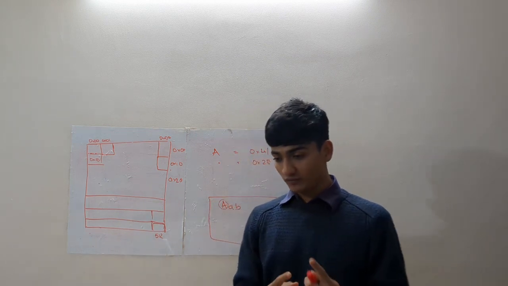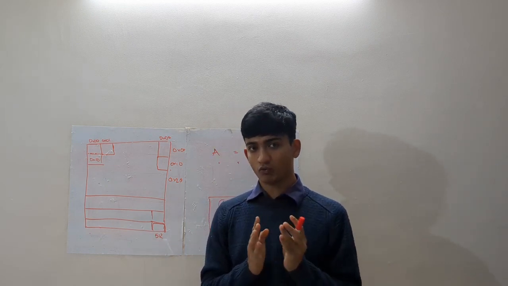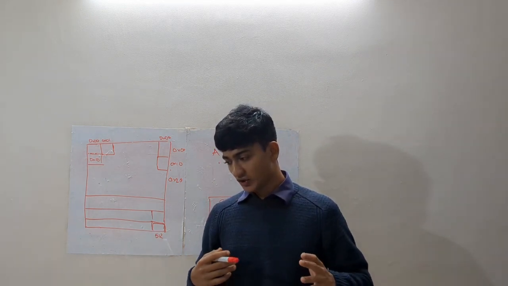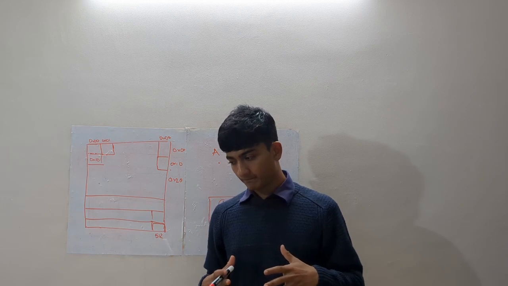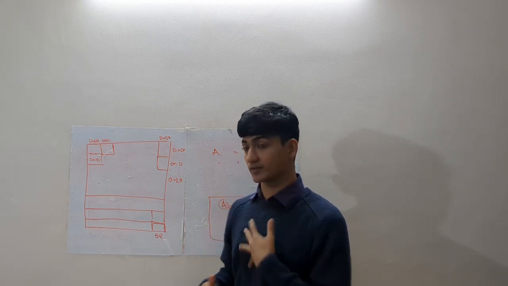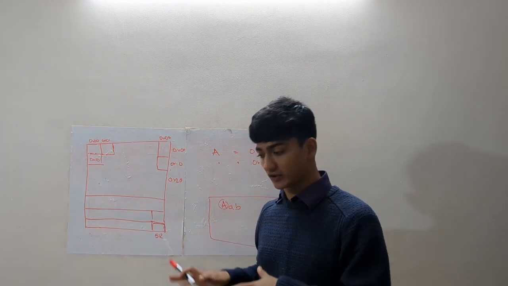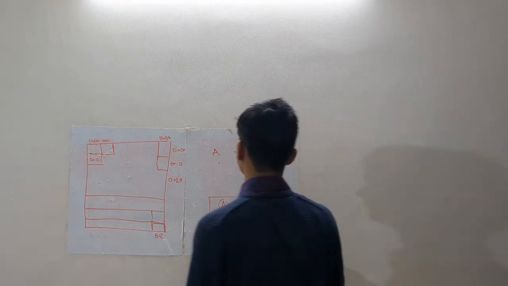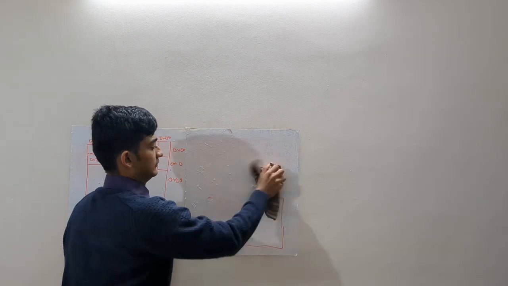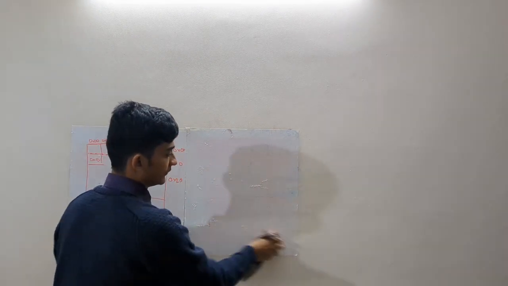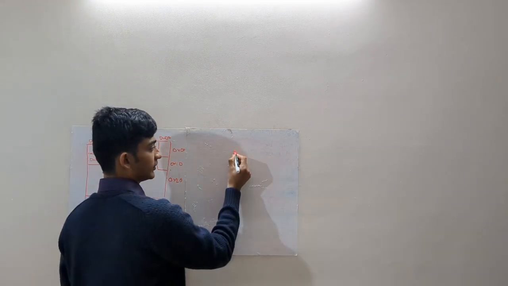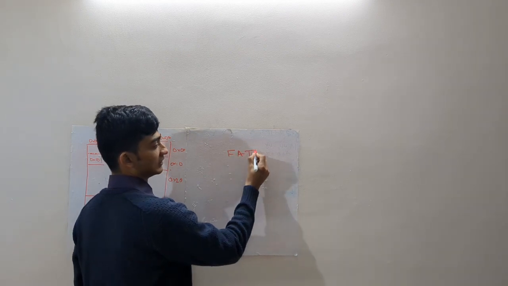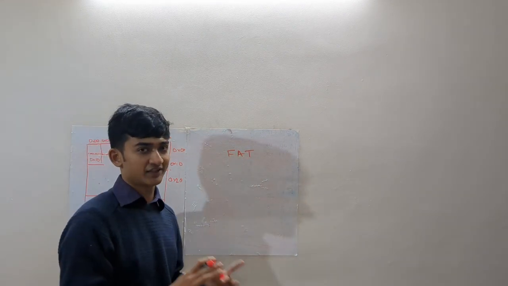So now that we've got into what a file system is and why we need it, because we need it to keep everything organized, I'm going to talk about the different file systems. We are going to be focusing on the FAT file system, which stands for File Allocation Table.